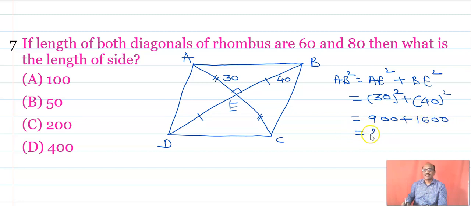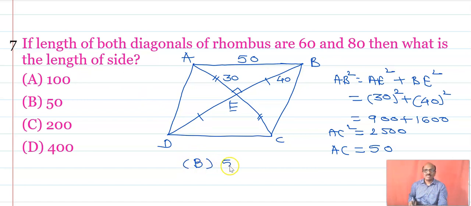And here you will get 2500. AB square. Then what about the AB? It's the length of the side of the rhombus is 50. Then which option is the correct one? What is the question? Then what is the length of the side? Therefore the option B is the correct one.